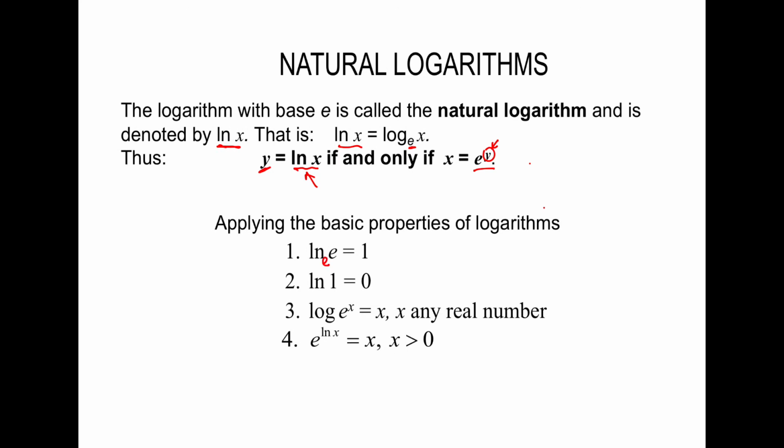Natural log, base e, of e is 1. Natural log of e resulting in 1 means the power of e has to be 1. And we see all of these similar things here. e to the natural log of x is x as well.